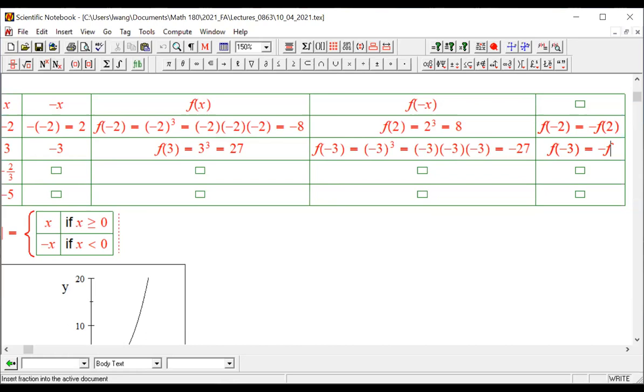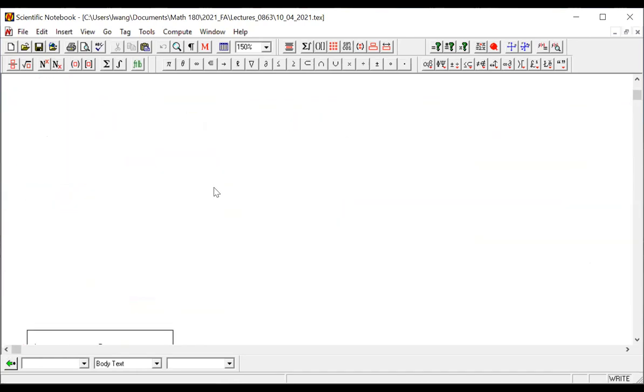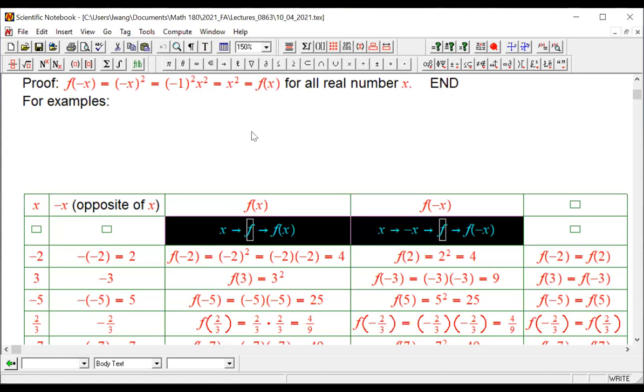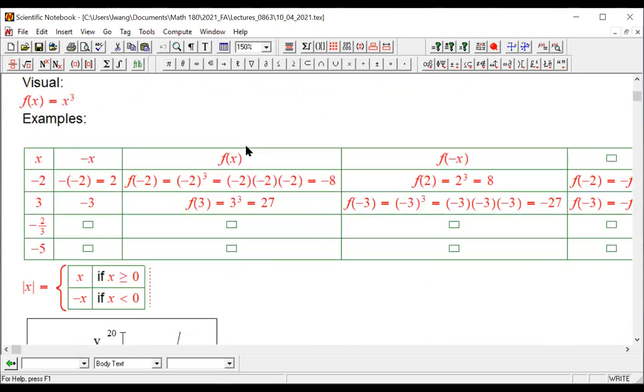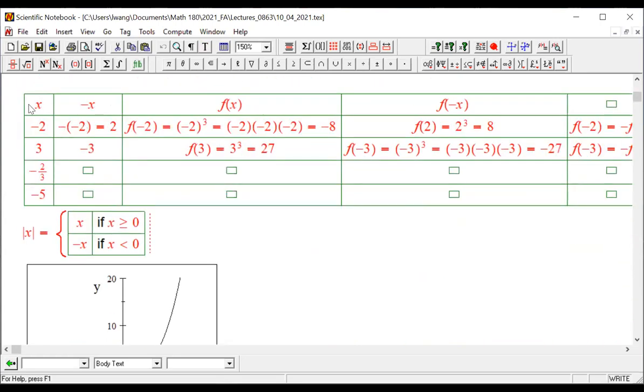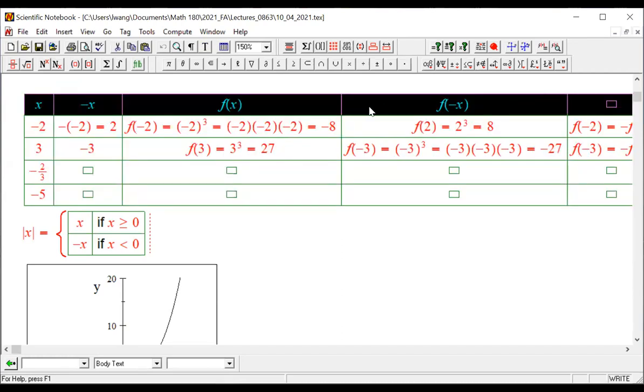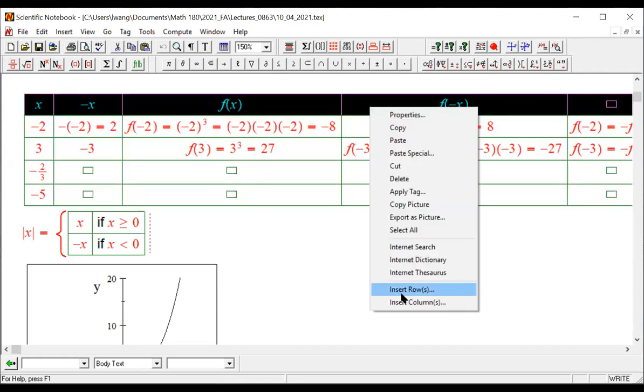Equals negative of f of 3. In the first table I set up there, I tried to reinforce that concept of input-output.